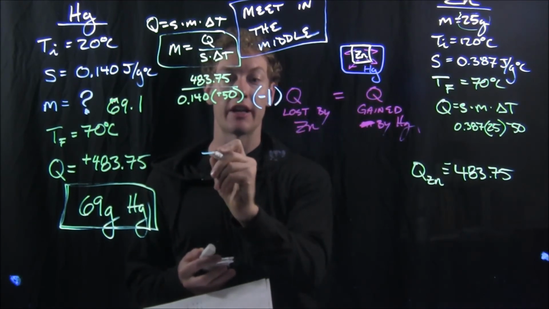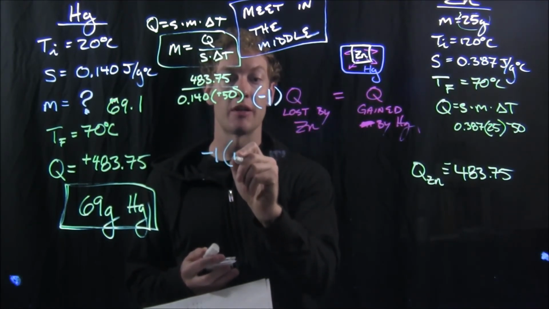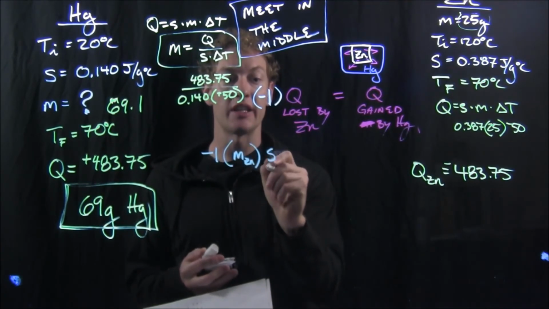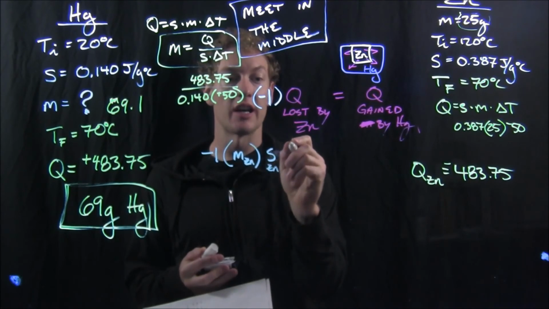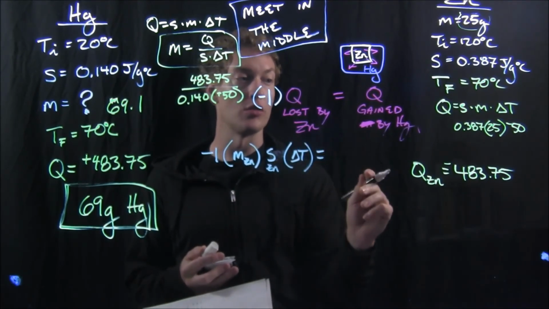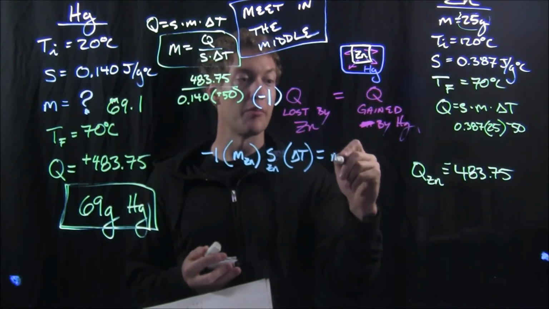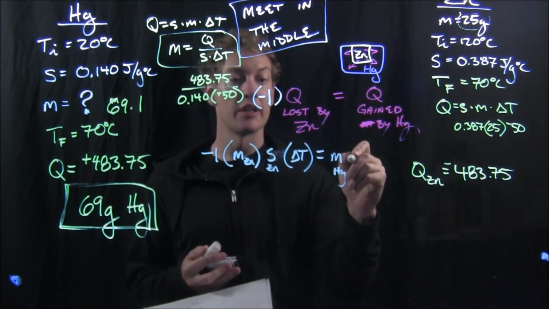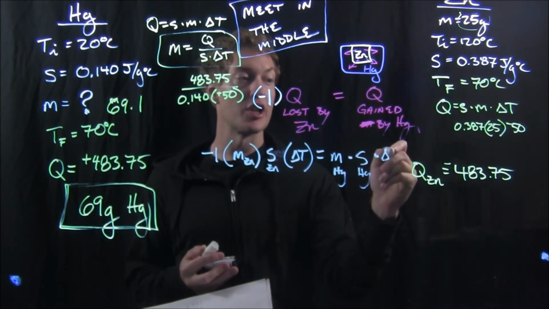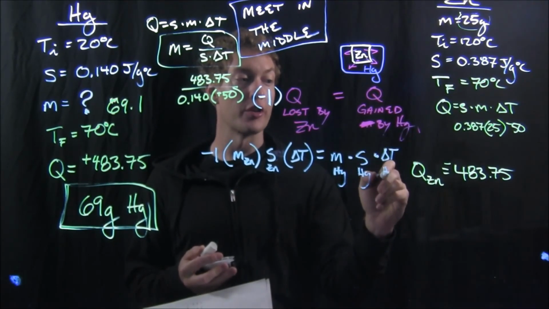So the -1 times mass of zinc times specific heat of zinc times change in temp of zinc would have to equal the mass of mercury times the specific heat of mercury times the change in temp of the mercury.